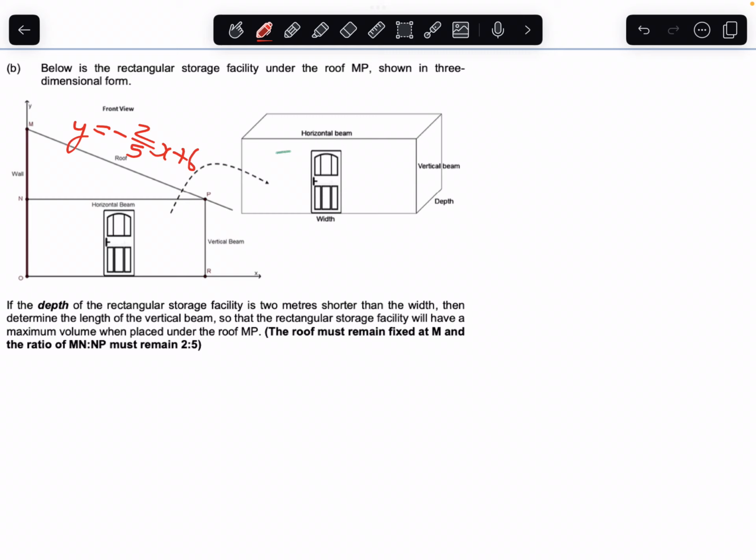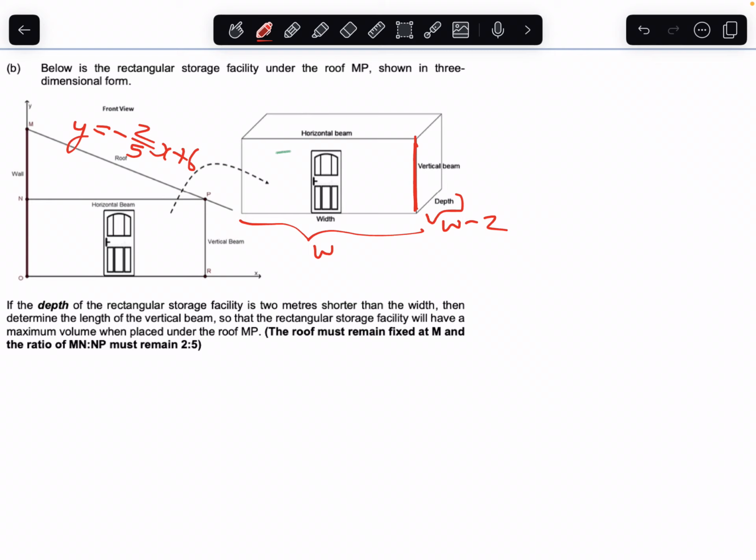If the depth of the rectangular storage facility is 2 meters shorter than the width, so if this is W and this is W minus 2, then determine the length of the vertical beam, this guy, so that the rectangular storage facility will have a maximum volume when placed under the roof MP.